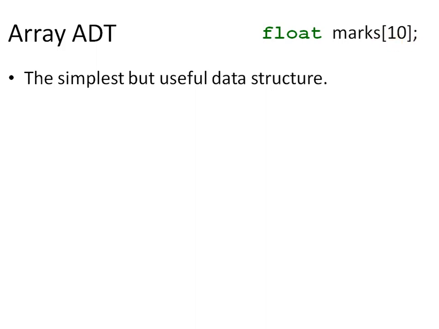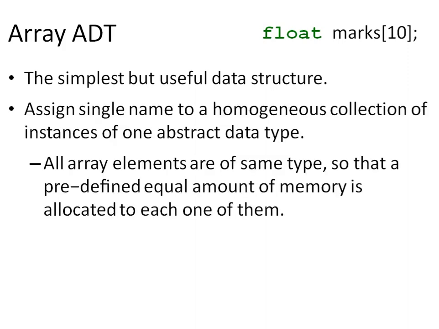Arrays are one of the simplest and easy to use data structures. With the help of arrays, one can assign a single name to a collection of variables of single type.